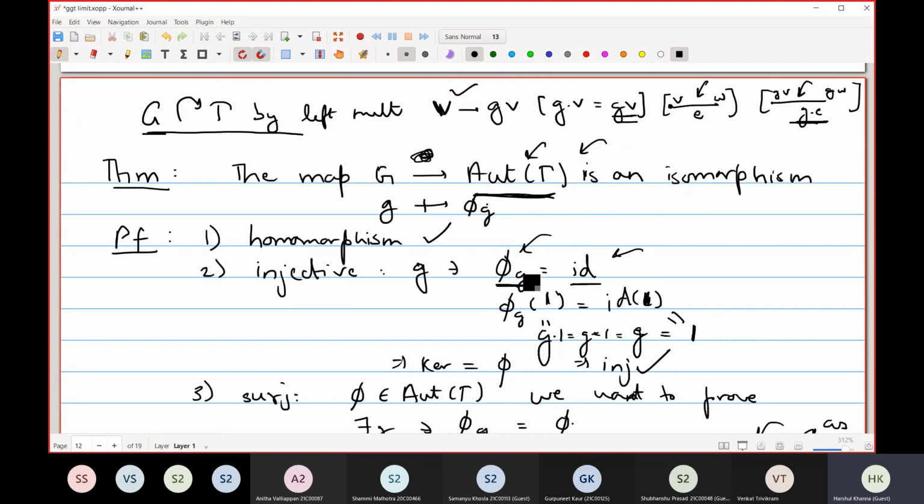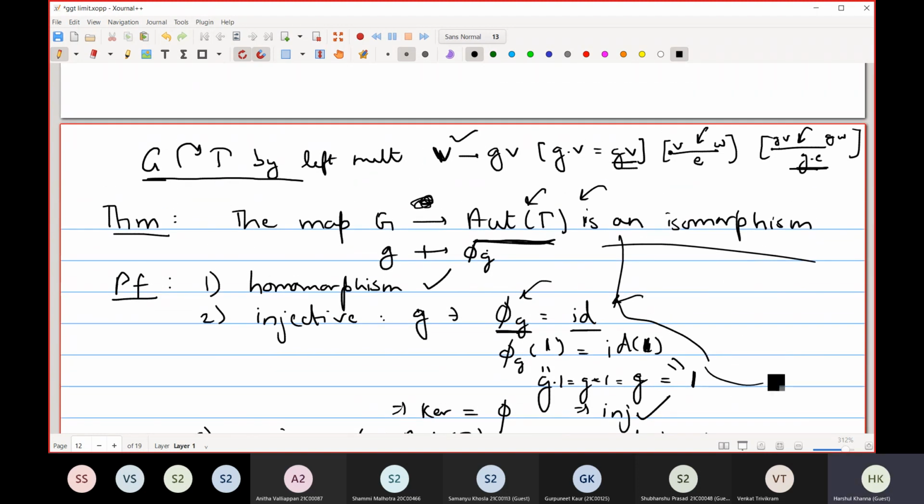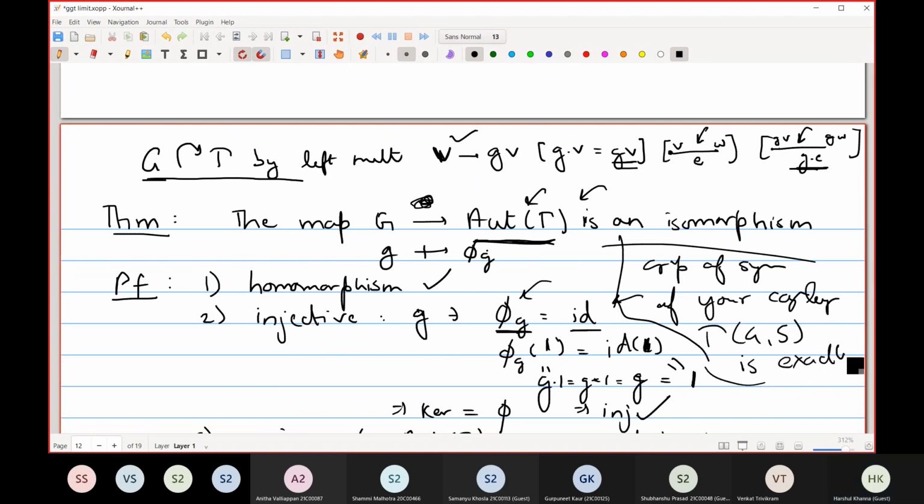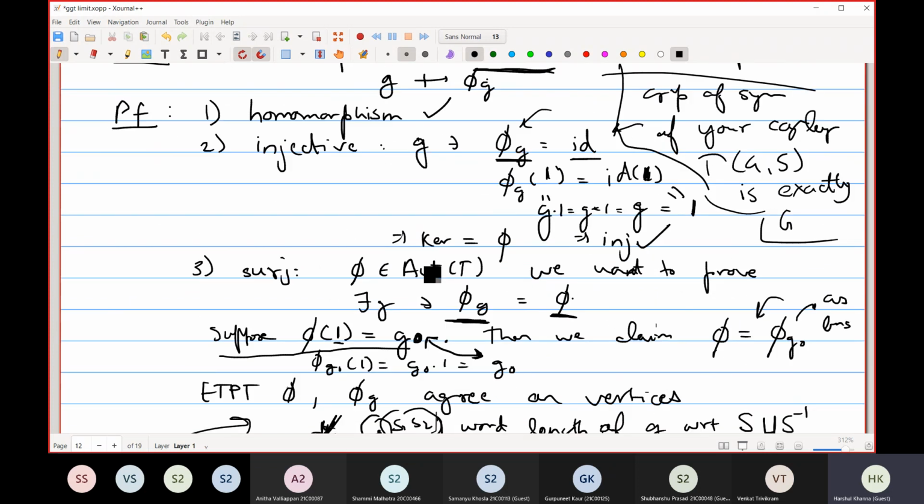Hence what we get is that the group of symmetries of a Cayley graph G comma S is exactly G. That's what we set out to do. We wanted to associate a geometric object such that its group of symmetries is exactly equal to G. So the Cayley graph is such a geometric object.